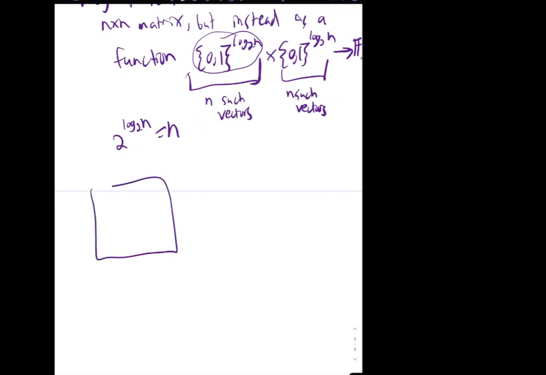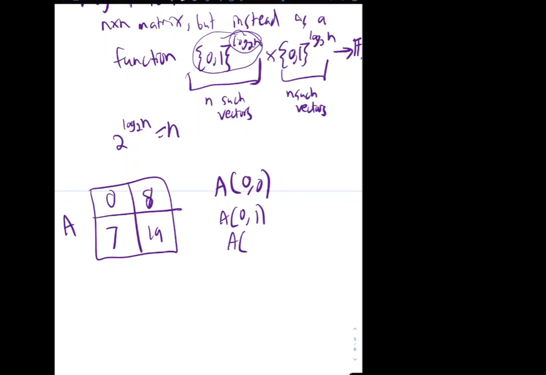So pictorially, if we have a 2 by 2 matrix, so say our matrix is 0, 8, 7, 19, I'm going to view it as a function on 2 bits, because here log base 2 of n is 1. So this function on 2 bits, {0,1} by {0,1}, has 4 possible inputs: 0,0; 0,1; 1,0; and 1,1.